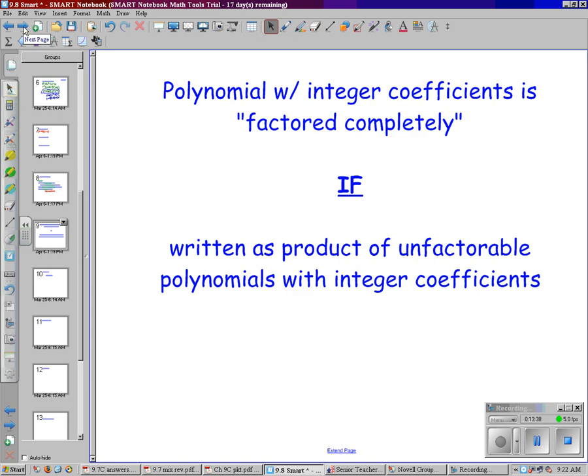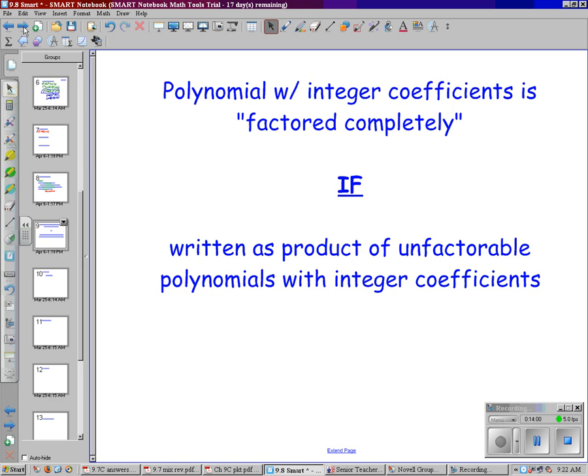A polynomial with integer coefficients is factored completely if it's written as a product of unfactorable polynomials with integer coefficients. That's why I asked, is that x squared minus 5? Are you done with it? If it was the x squared minus 16, I could still factor it farther.